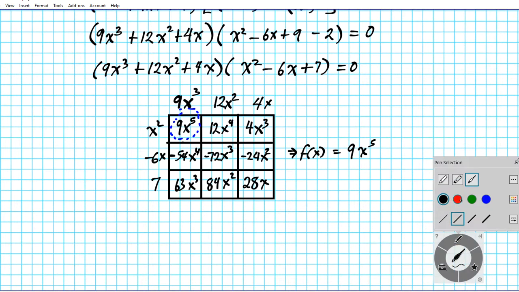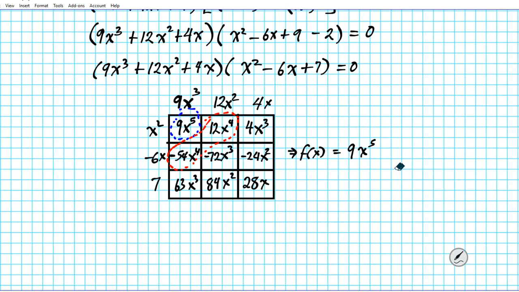And then you look at the fourth degree terms. So this diagonal right here, bam, combine it. Okay, so what do we get? 12x to the fourth minus 54x to the fourth. If you subtract, you will end up with negative 42x to the fourth.